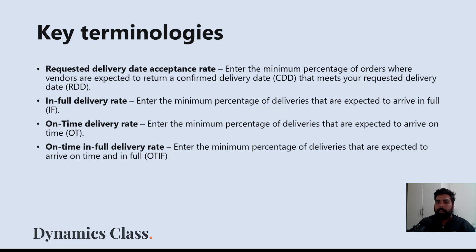Out of 100, if 90 orders are delivered on 10th of June, then we consider that this is not a risk for us and this supplier is meeting our expectation.